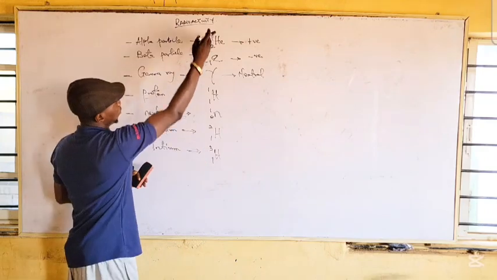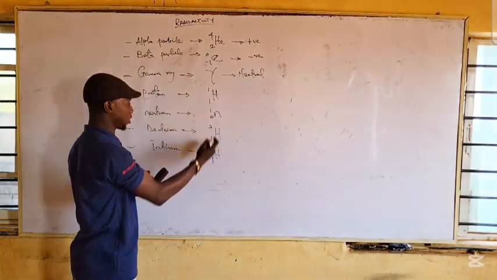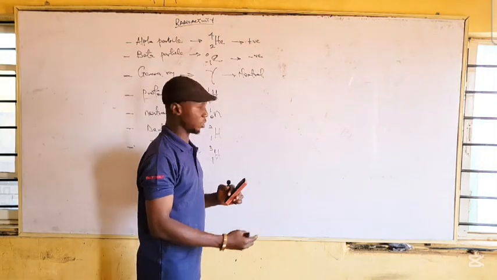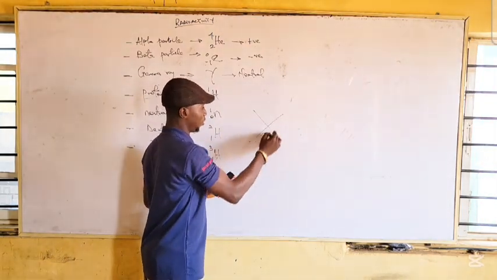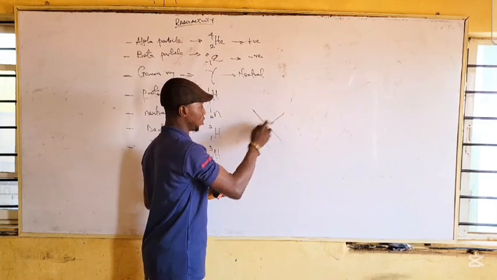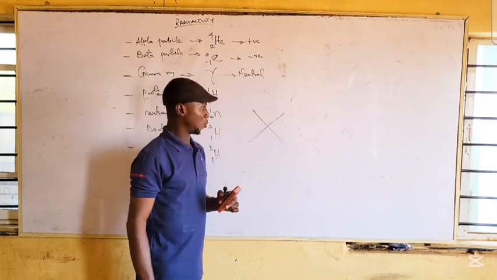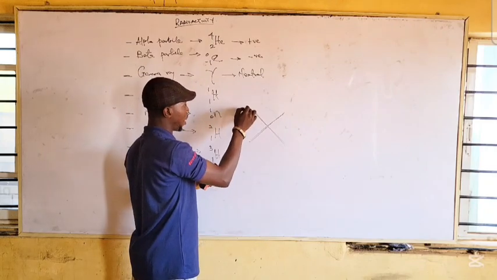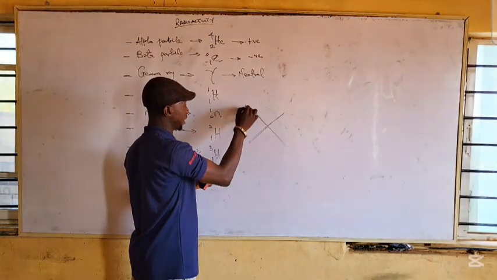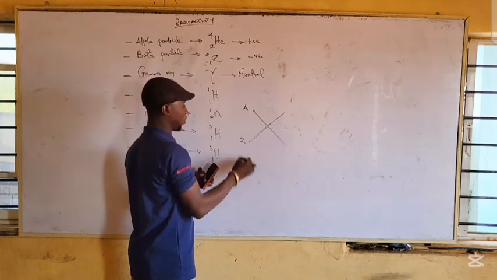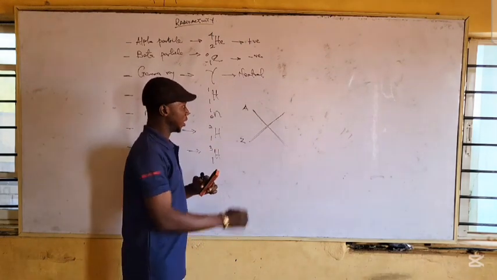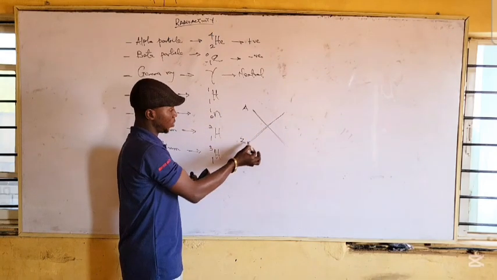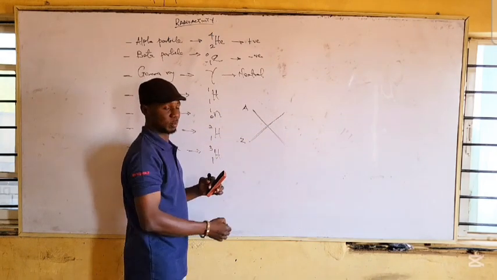Now, what are all these 4, 2, 0, minus 1, 1, 1, 1, 0, 2, 1, and 3, 1? Normally in chemistry and even in physics, let's represent an element with the symbol X. If this is an element, it will have what we call mass number, which we normally represent by letter A, and atomic number, which is normally represented by letter Z. The mass number is always a superscript, while the atomic number is always a subscript.